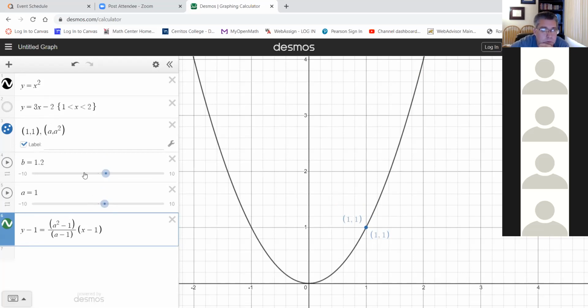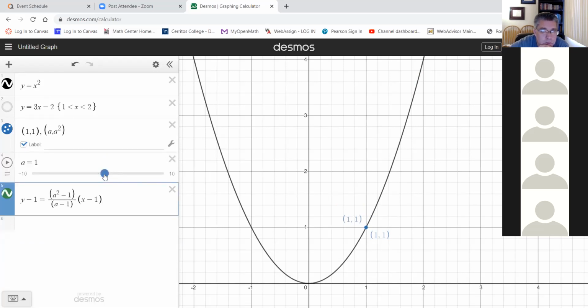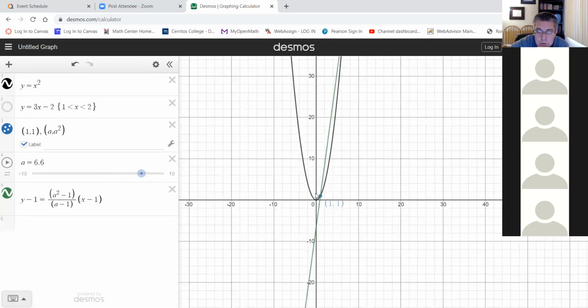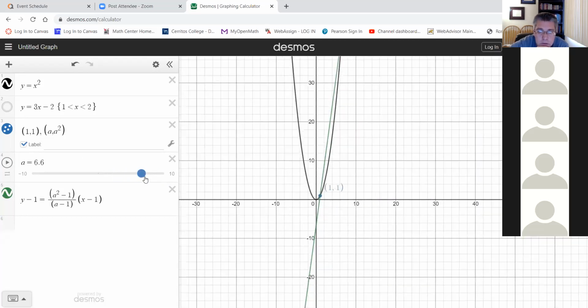Okay, and so we can get rid of the b then. And we can see that, okay, as a decreases, as a gets closer and closer to 1, we see that the secant line gets closer and closer to the curve.